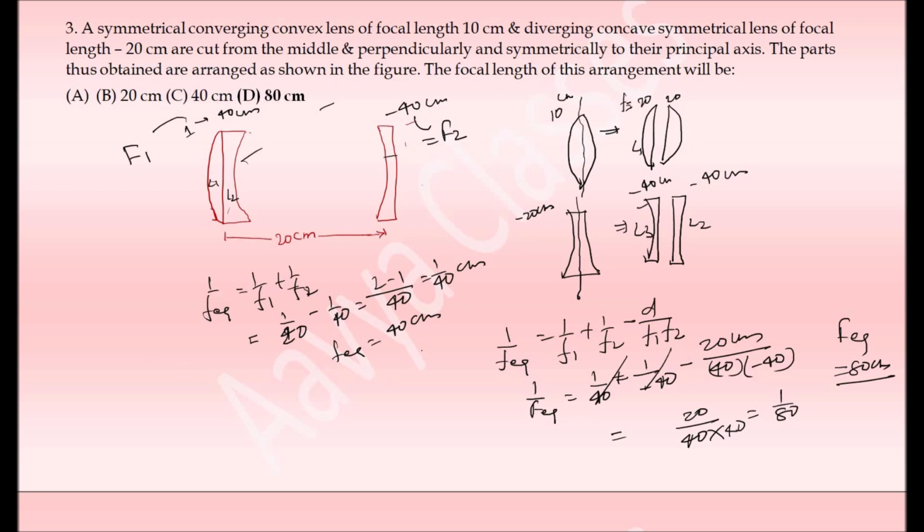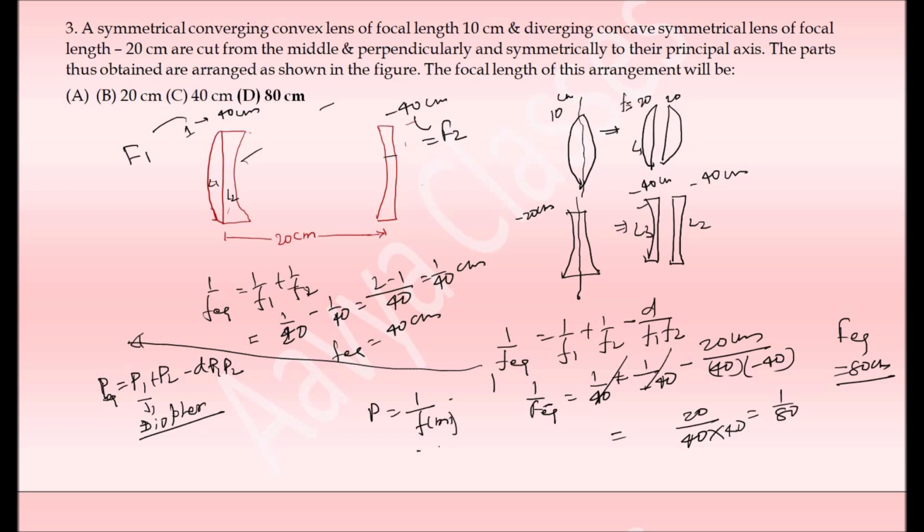Again, as we know, the inverse of focal length is power. If we convert this equation in terms of power, then P equivalent is equal to P1 plus P2 minus D P1 P2, and power is in diopter. Clearly, diopter power is equal to 1 by F in meter or 100 by F in centimeter.